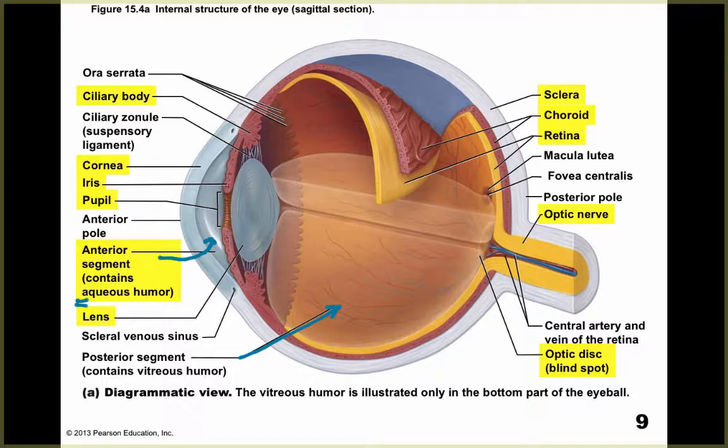So now let's look at the retina here, right? And the retina has two layers. It essentially has what's known as an outer pigment layer, and this, let me change this to black, prevents scattering.